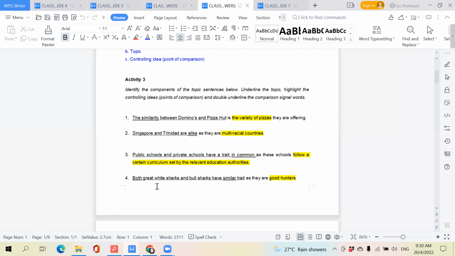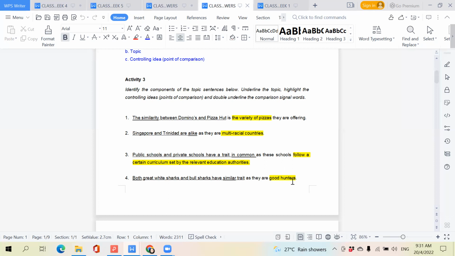So where is the topic? White sharks and bull sharks. Where is the point of comparison? Good hunters.